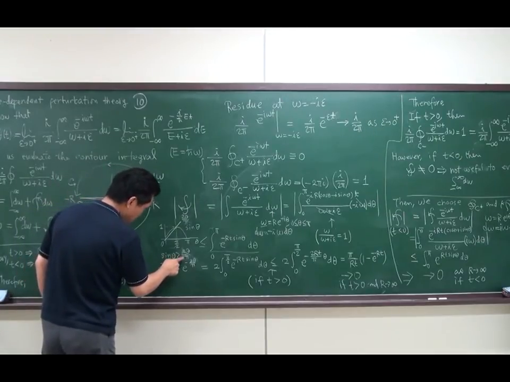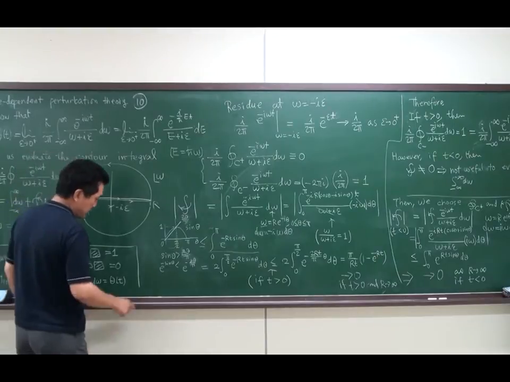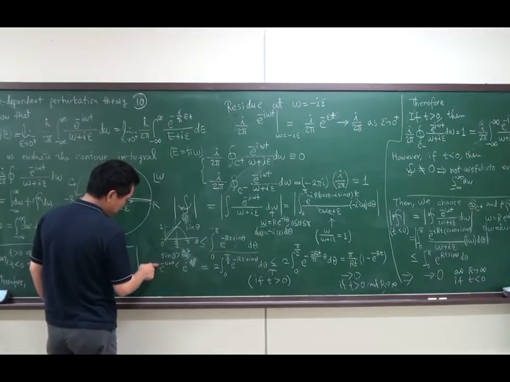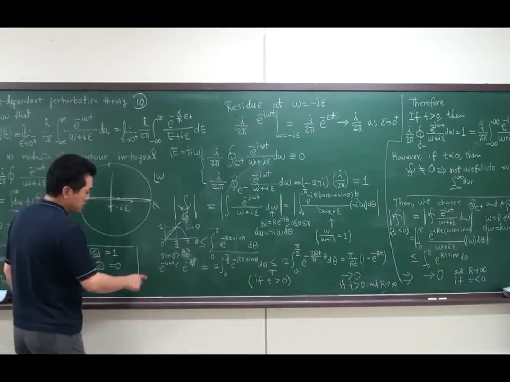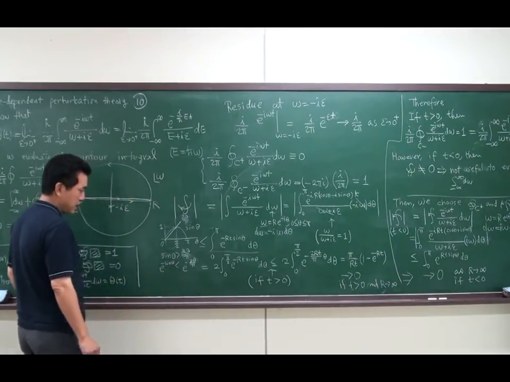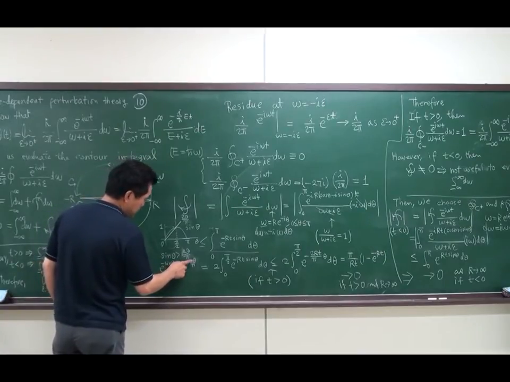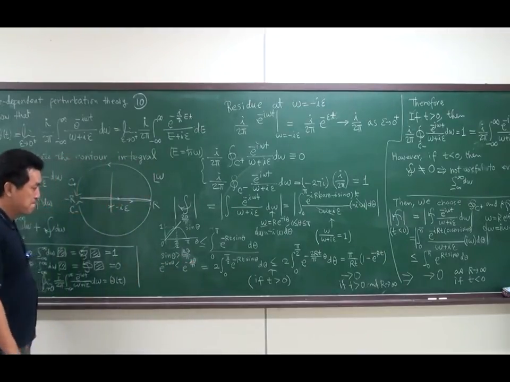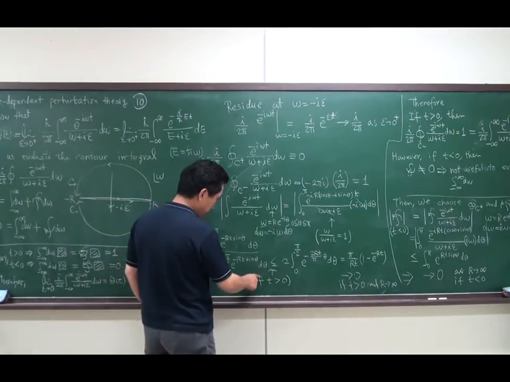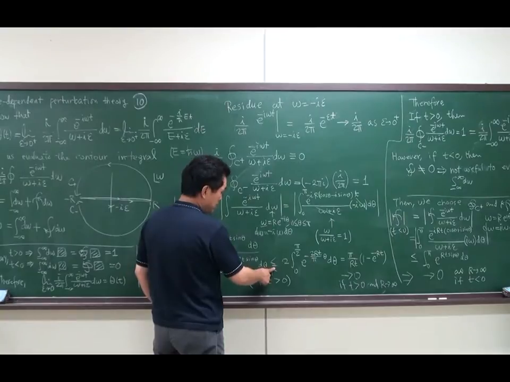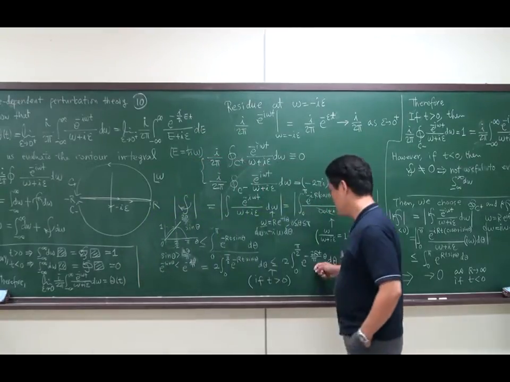If I take the exponential with a negative sign, then exponential of minus sine theta is always less than exponential of minus 2 theta over pi. Alright, so this integral is less than or equal to this integral.